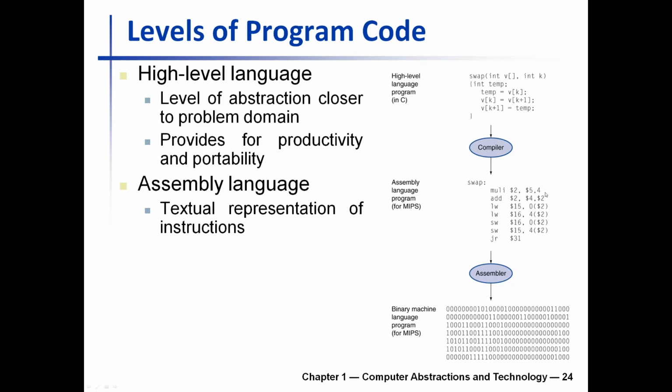We try and multiply that with the value 4 and put it into register number 2. Then what do we do with that value afterwards? We take the value in register number 2, add it to the value in register number 4, and store it in register number 2.